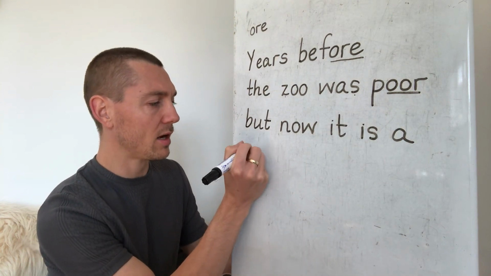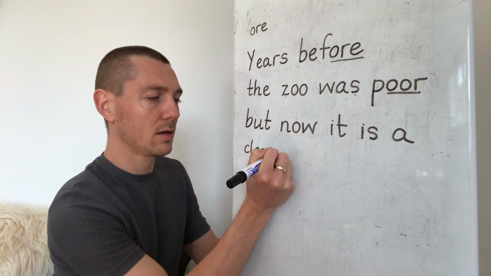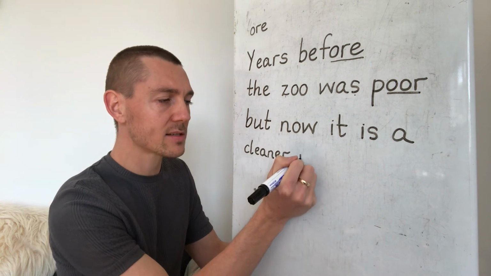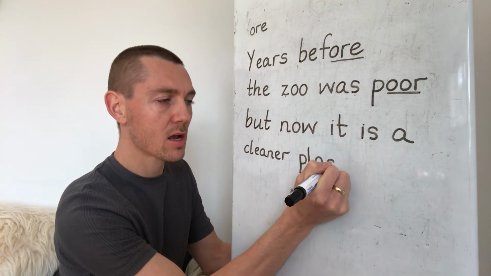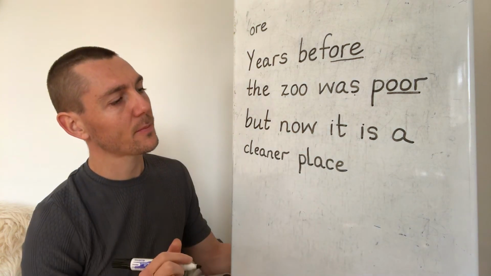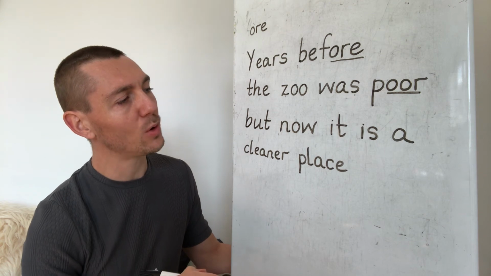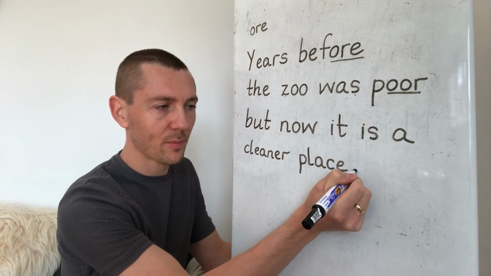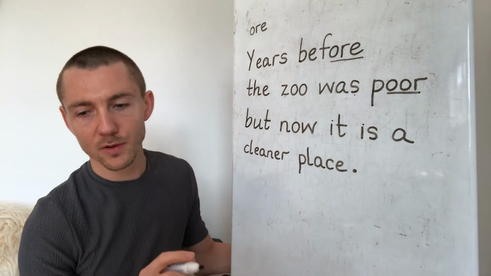Cleaner. Cleaner place. Years before, the zoo was poor, but now it is a cleaner place. Stop mark. Just check your spellings there, and then we'll move on to the next sentence.